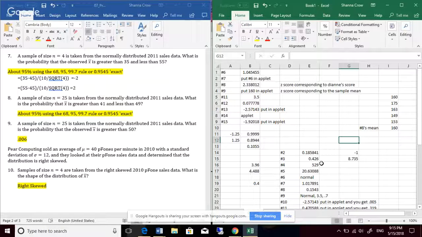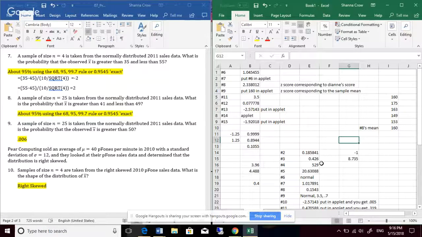Doesn't make sense. We're told this. Oh, so it'd be less. So your standard deviation is 10, but this is your z-score. No, but see, this makes sense.